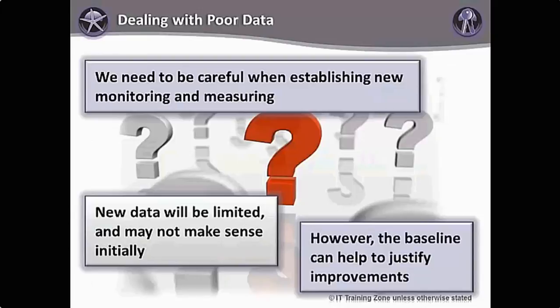If we choose to establish new monitoring and measuring to support our business case, we need to be careful. New data will be limited and may not make sense initially. However, we can use it to take an initial baseline and build towards justifying our improvements.